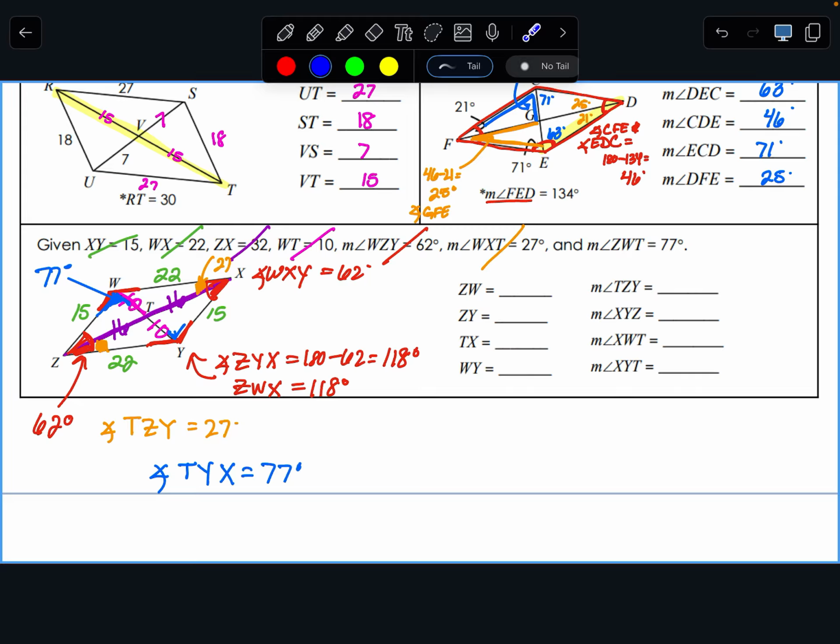It's 41 degrees. So that means that this angle right here, which is ZYT, equals 118 minus 77, which is 41 degrees, which means this is XWT.